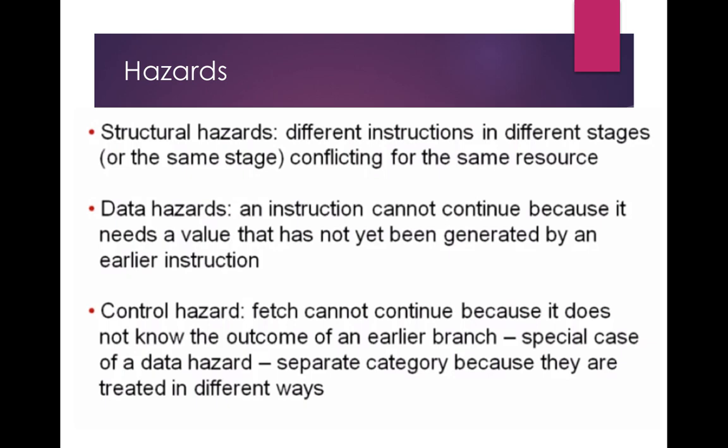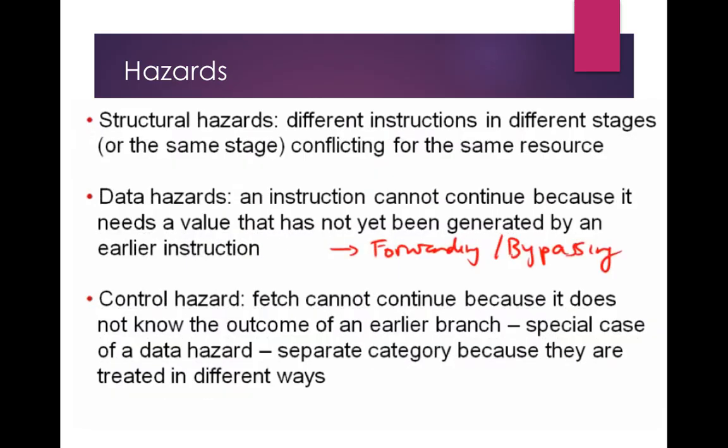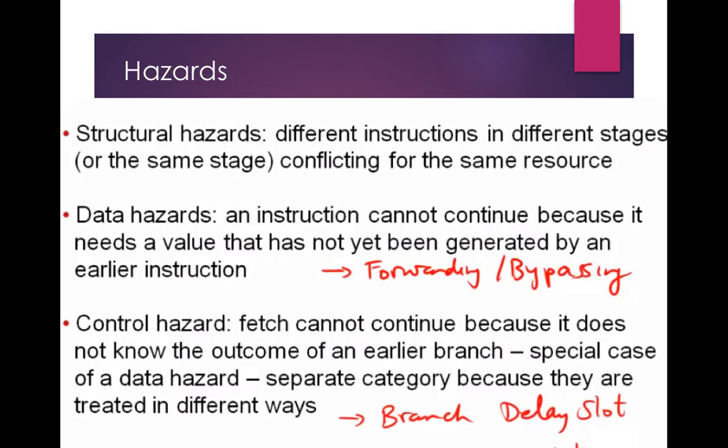These are the types of hazards we are going to see, and how we are going to solve the data hazard by means of forwarding and bypassing, the control hazard by branch delay slot, and the structural hazard again with some other technique. First we will see how the hazard occurs, and then how these hazards can be removed, for better performance in pipelining.